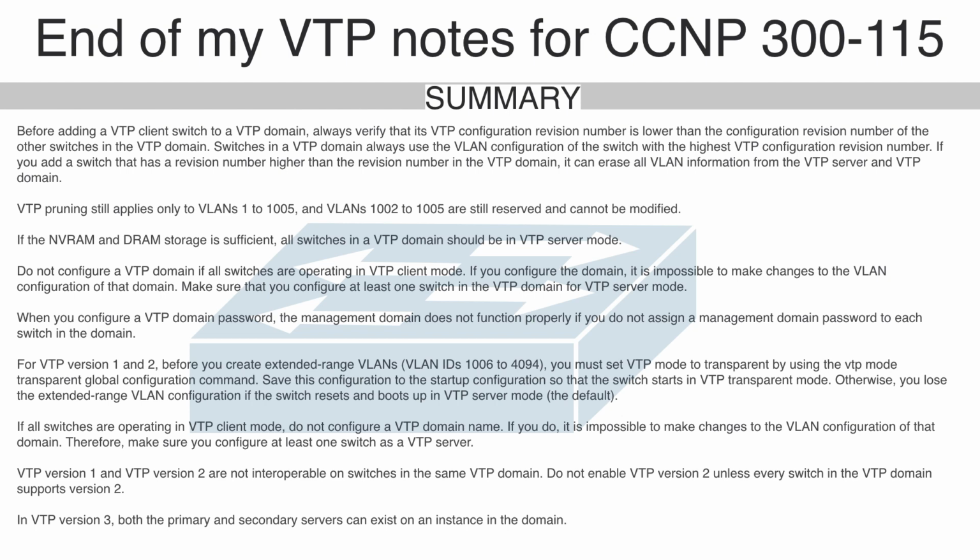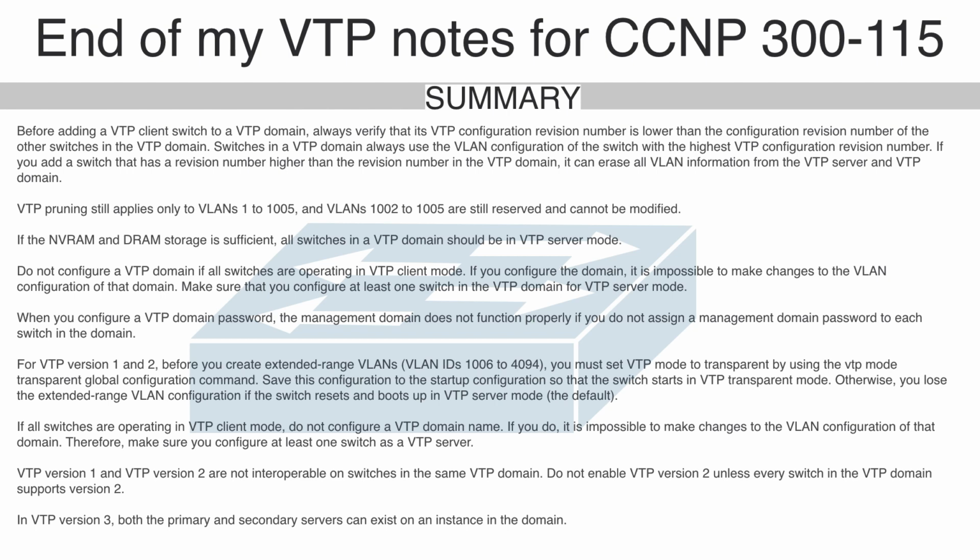Otherwise, you lose the extended range VLAN configuration if the switch resets and boots up in VTP server mode, the default. If all switches are operating in VTP client mode, do not configure a VTP domain name. If you do, it is impossible to make changes to the VLAN configuration of that domain. Therefore, make sure you configure at least one switch as a VTP server.